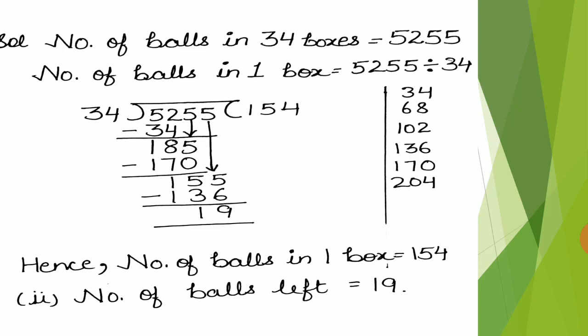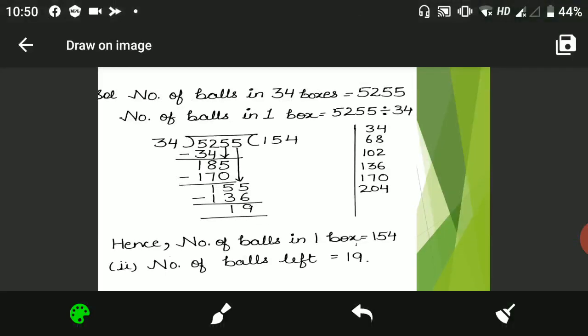Now I have written the 34 table in the rough column. You can multiply also to get the table. Clear? So 34 ones are 34. So I have written 34 down of 52. 52 minus 34 is 18. Clear? And I have copied the 5 from up.